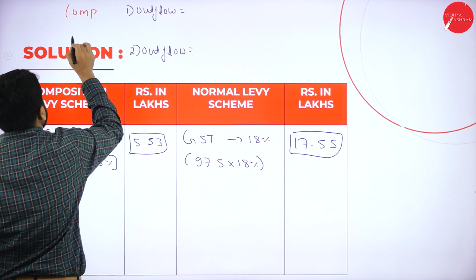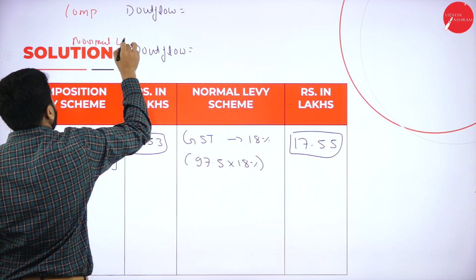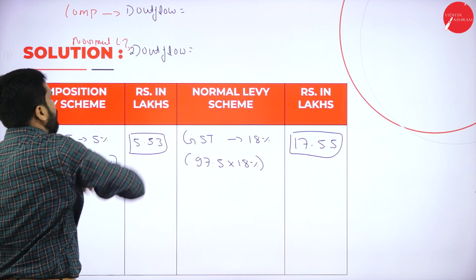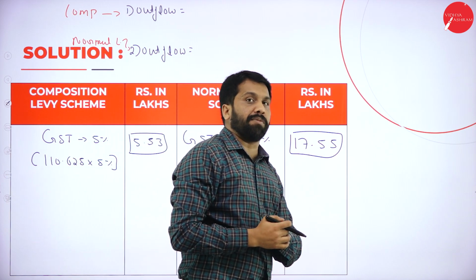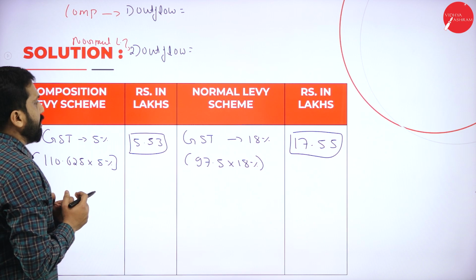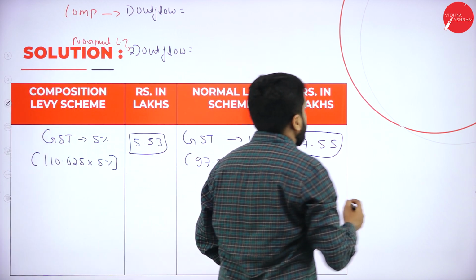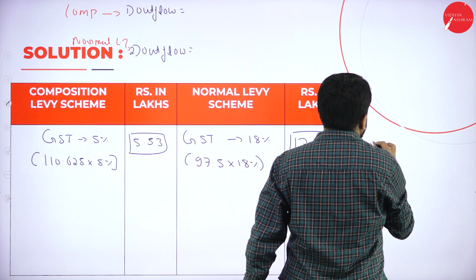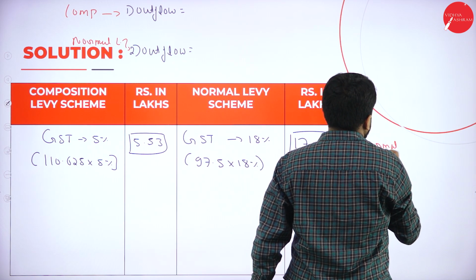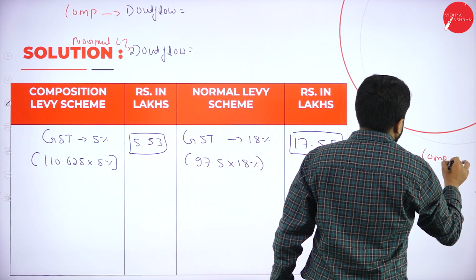Second one is normal levy scheme. I'll do it here, it will be easy for you. So, normal levy and composition.